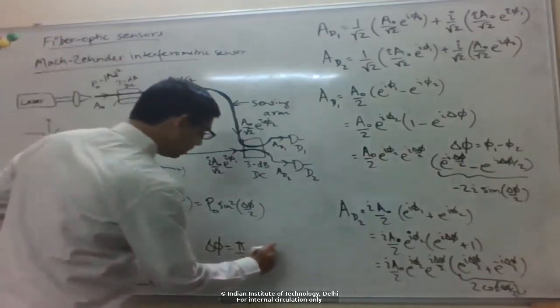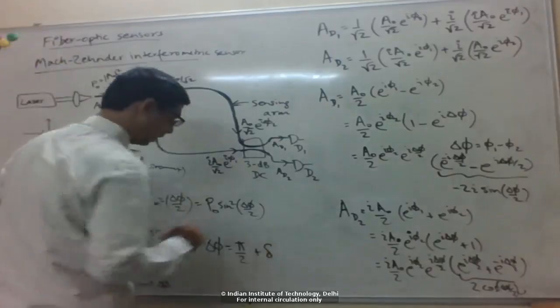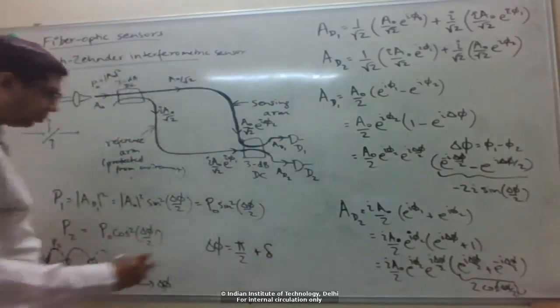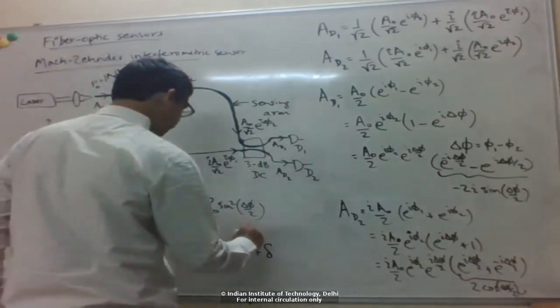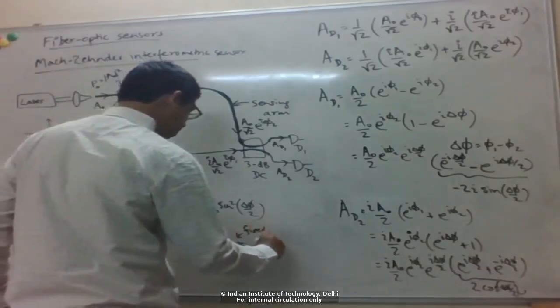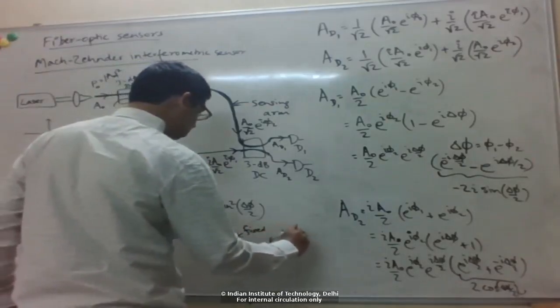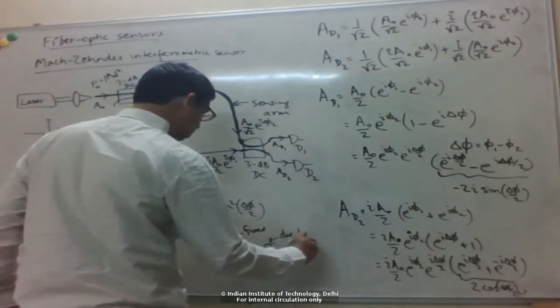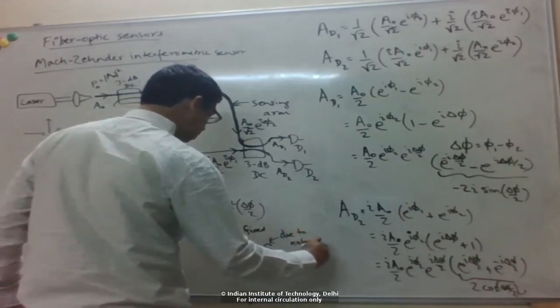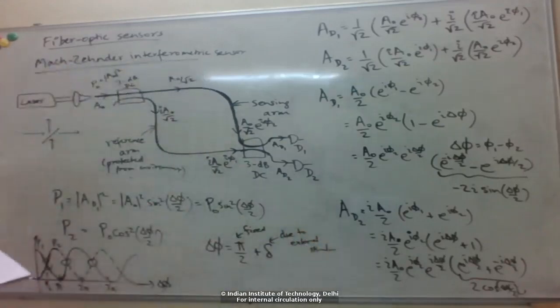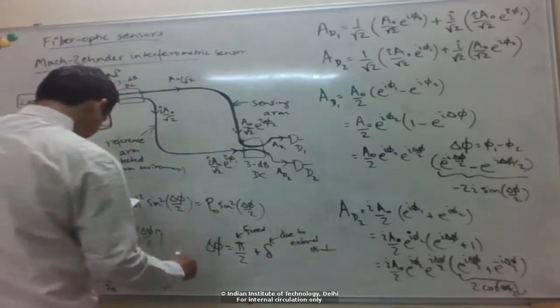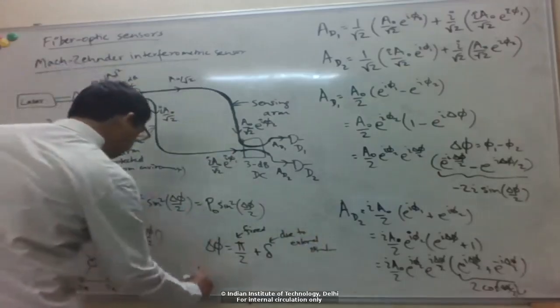And then the external environment gives me some small phase change delta. So this is fixed. Okay, so then for example, I can write P1.